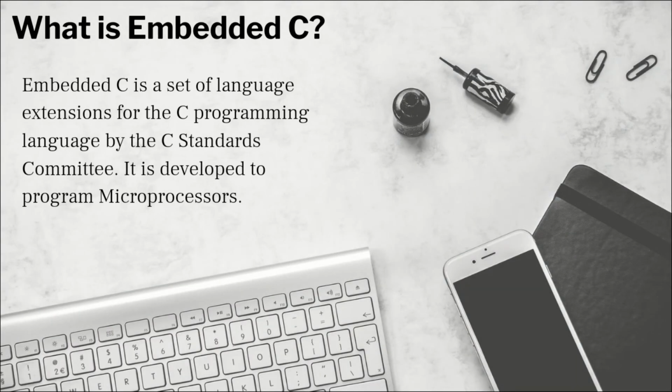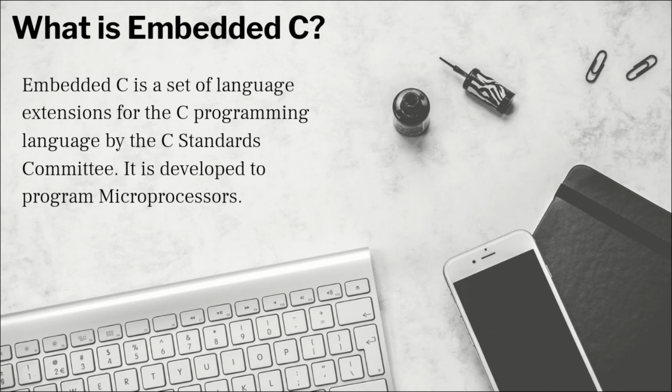Let's talk about what is embedded C. We'll do the embedded C code in our next video, but before that, we need to know what exactly embedded C is. Embedded C is a set of language extensions for the C programming language by the C standard committee. It is developed to program microprocessors.